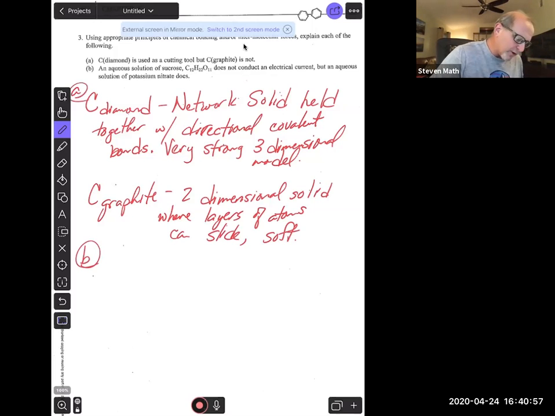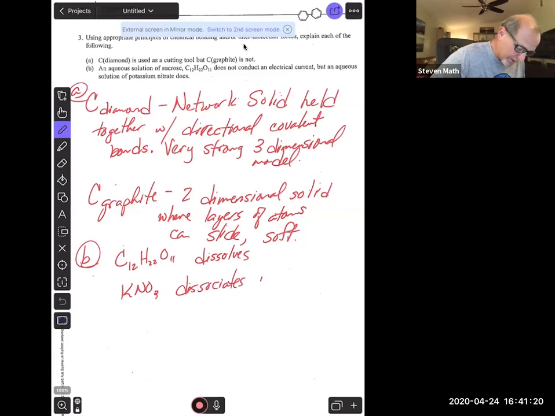In B it says sucrose doesn't conduct electricity, but potassium nitrate does. And so what we say is C12H22O11 dissolves, whereas KNO3 dissociates into ions.